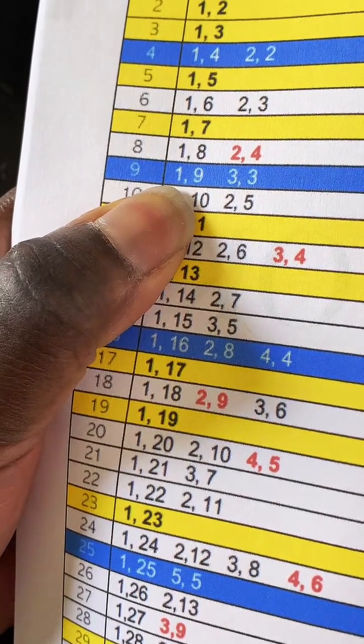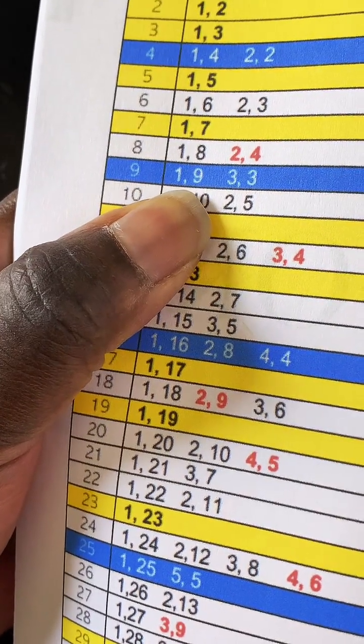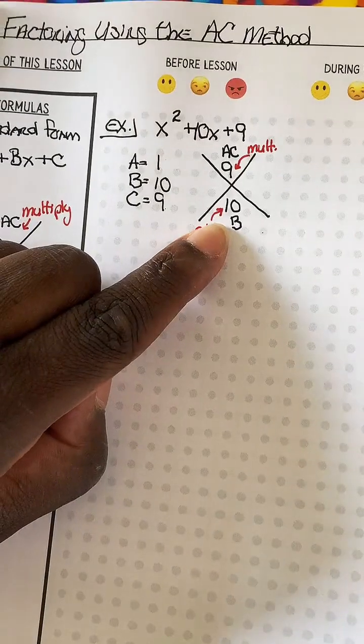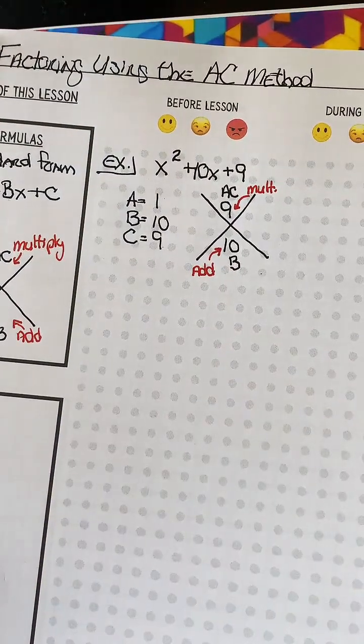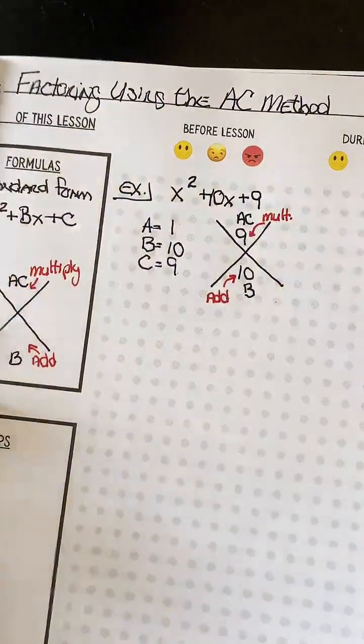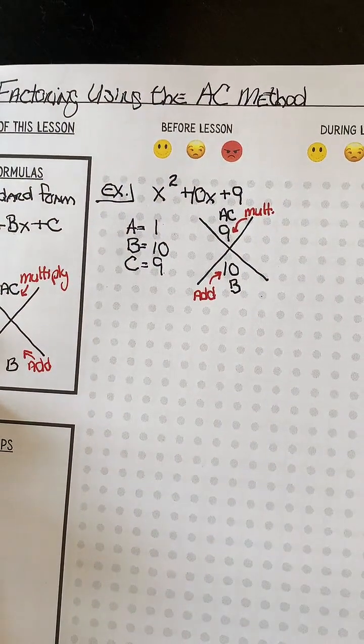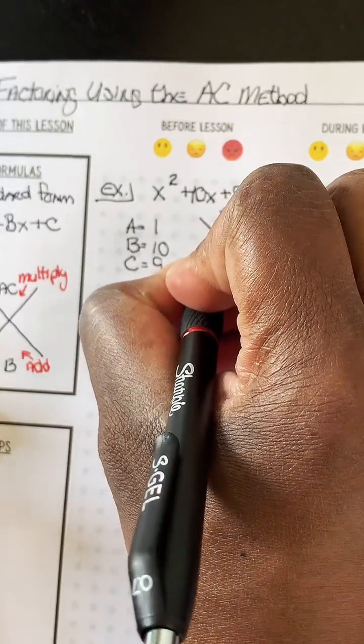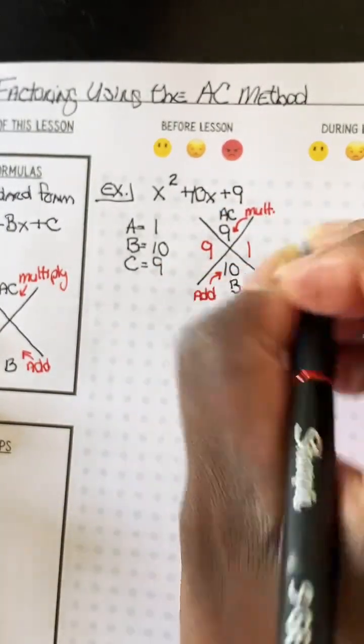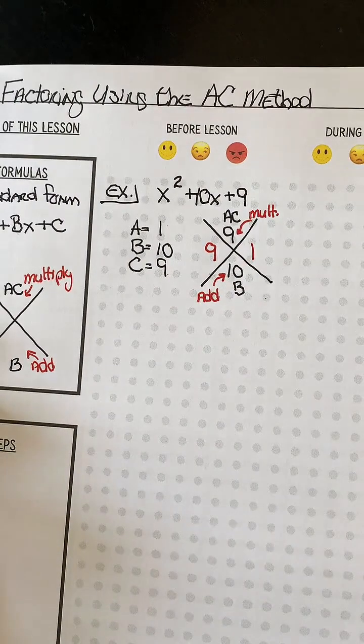But if I add 1 and 9, that's going to give me 10. And we are looking for 10. Okay? So that means the two factors that we're looking for are 9 and 1, or 1 and 9. Either way, it's going to work.